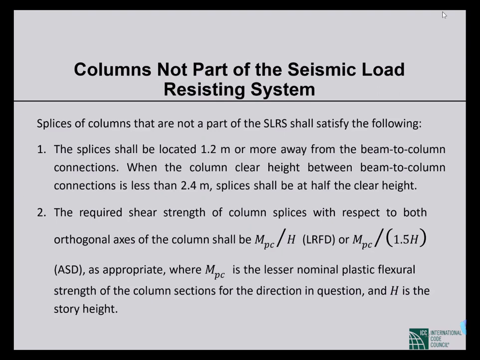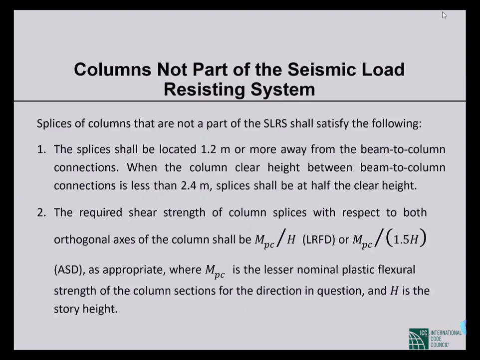The required shear strength of column splices with respect to both orthogonal axes of the column shall be Mpc, that is plastic moment capacity, divided by H. That is then the force, as appropriate, where Mpc is the lesser nominal plastic flexure strength. So in both directions, in weak axis and strong axis, we get two plastic moment capacities.